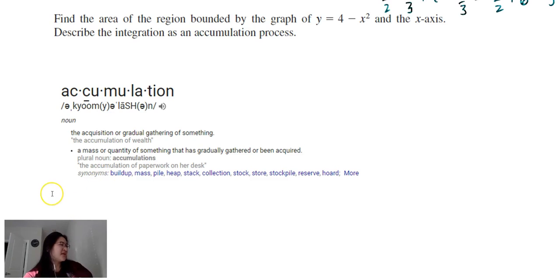And we're finding the area of the region bounded by our graph, which is a parabola, and the x-axis. And we're going to try to describe this as an accumulation process. The way that we are going to think about this is that you are accumulating, or acquiring, or gradually gathering areas of rectangles.